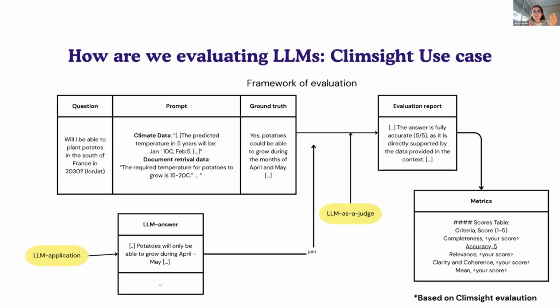If the data is supported by the context that I provide the LLM, and the numbers are the same, then it's 5 out of 5 accurate. Then we used this evaluation report to extract the metrics. And this is all based on ClimSight evaluation also.